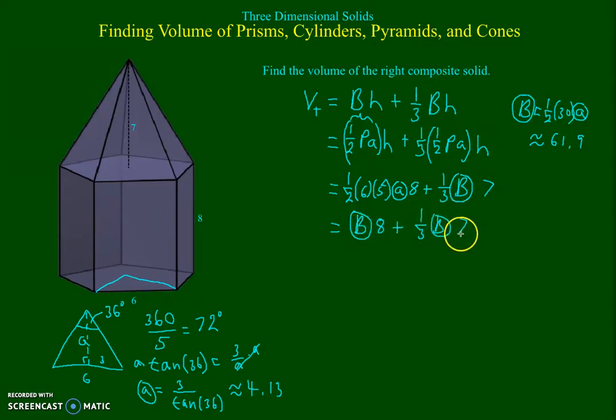That is what you put in your calculator, and the final result is approximately 640.02. So there you have it, the volume of a composite solid. If you take it methodically like this, it's not too big of a deal. So let's go ahead and work on one final problem for volume of composite solids.